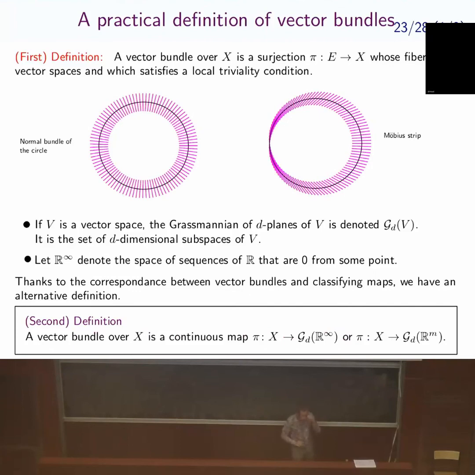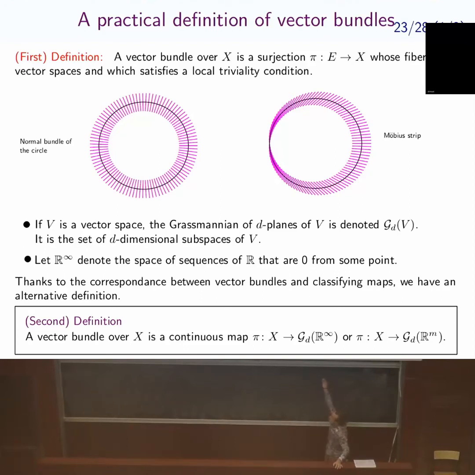To do so, we will need a handy definition of vector bundles. So let me present the usual definition of vector bundles. Over a space X, a vector bundle is the data of the total space E that surjects on X, and such that the fibers are vector spaces that satisfy some local triviality conditions.